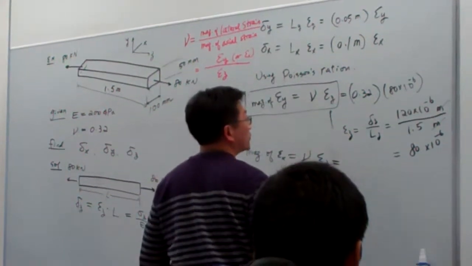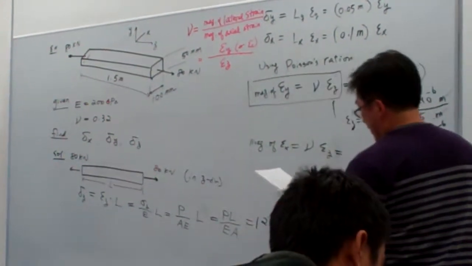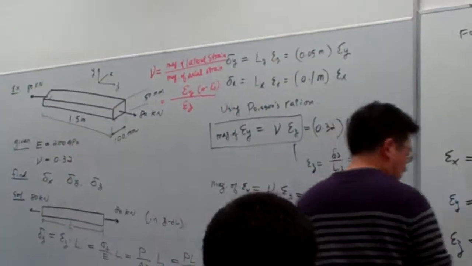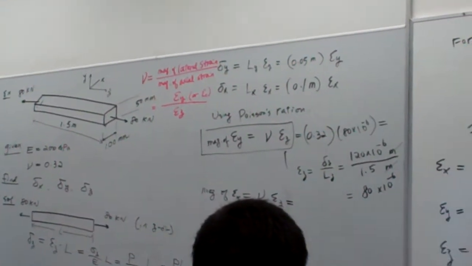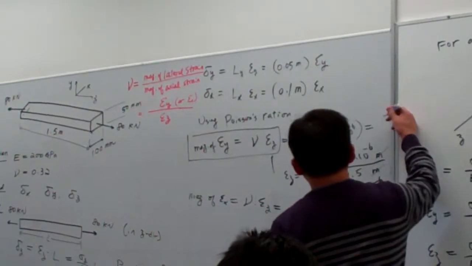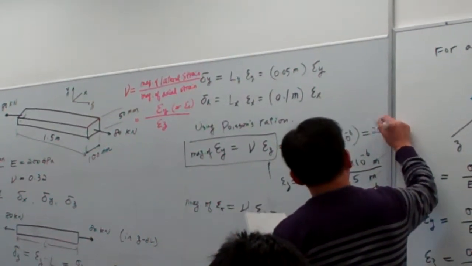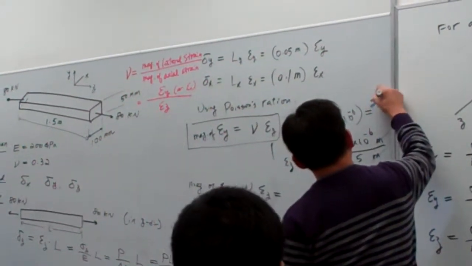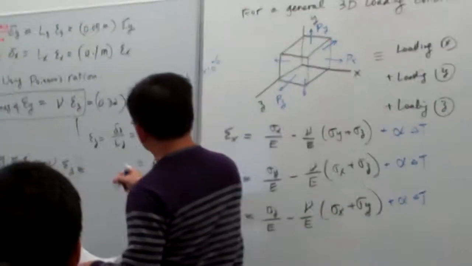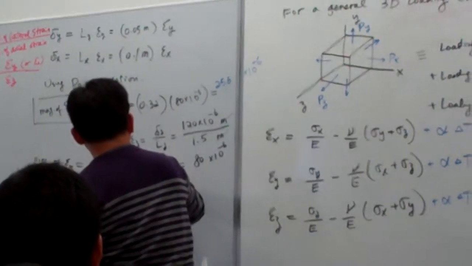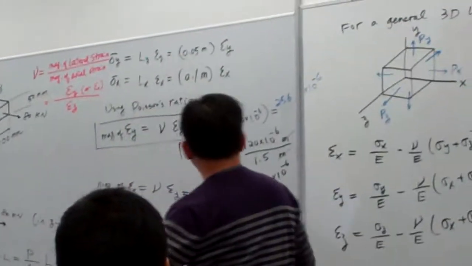So both should have the same numbers. This is 25.6 times 10 to the minus 6, and the same for the other direction, 25.6 times 10 to the minus 6.